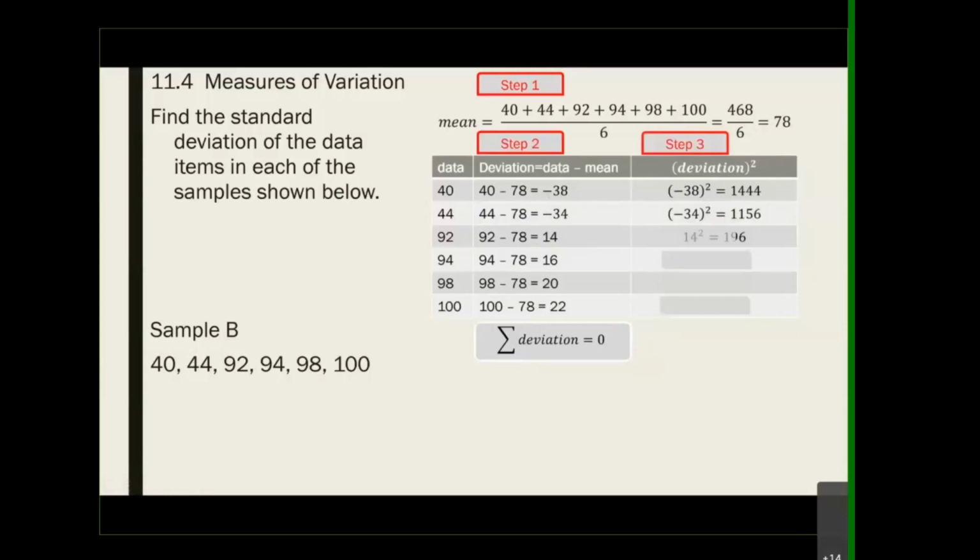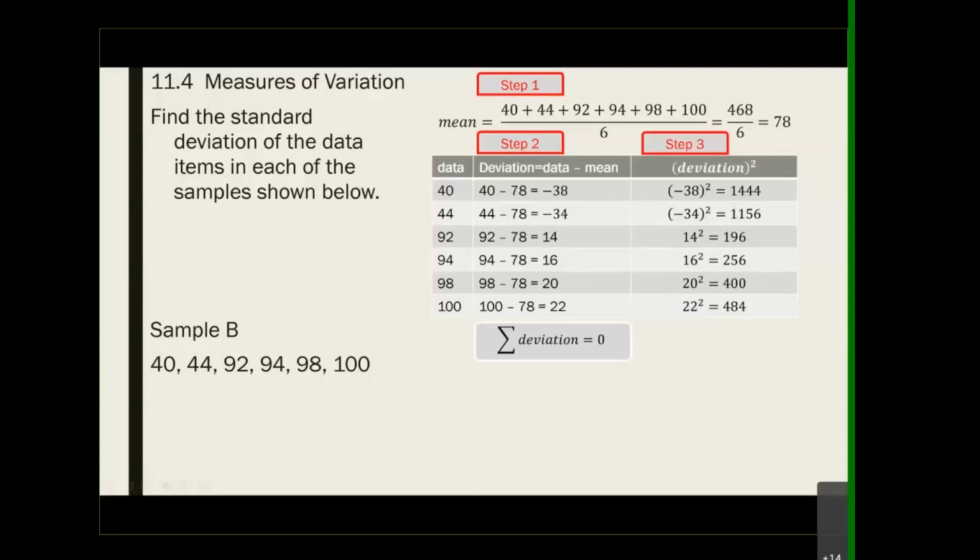And again, this is why sample B is a little bit more challenging, more tedious, because the numbers are humongously big when you multiply them by themselves. Negative 38 times negative 38 will give you a positive 1444. Negative 34 times negative 34 will give you 1156. And so on and so forth, which is what we have.